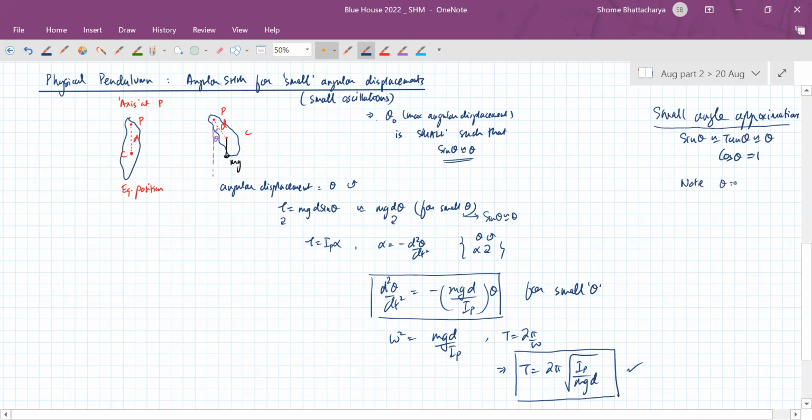Here theta should be expressed in radians.